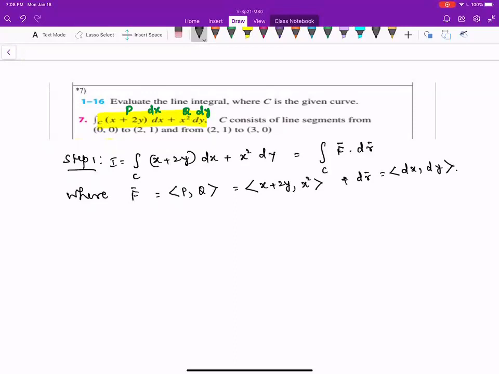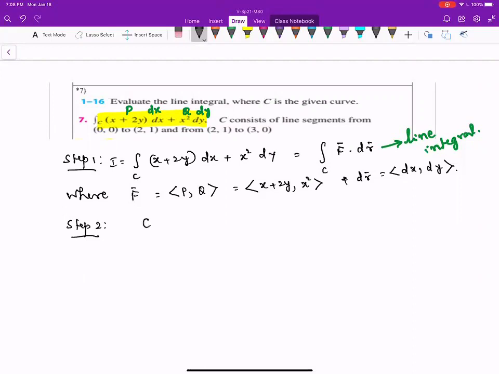So this is nothing but the line integral over C. Now we have to write this integral as a sum over two curves.